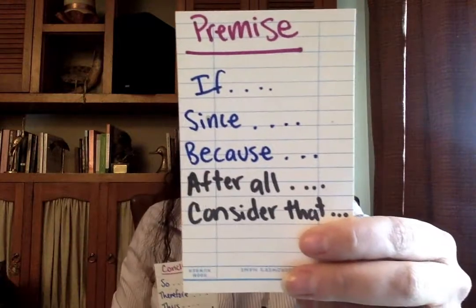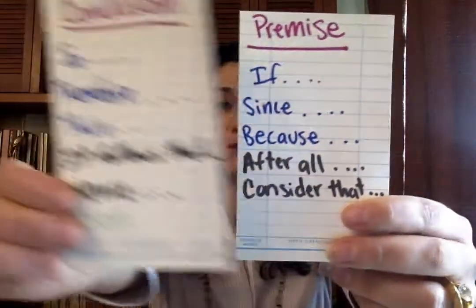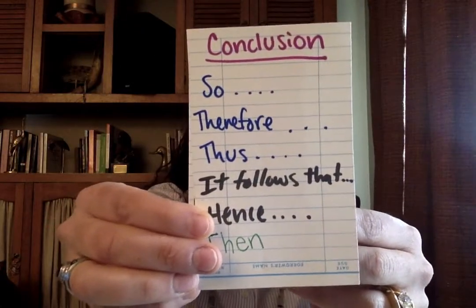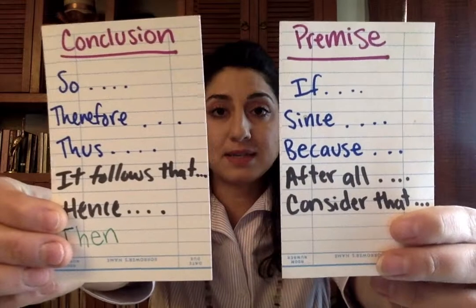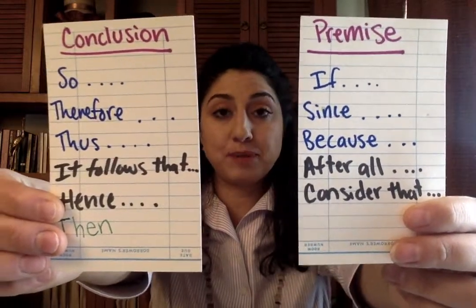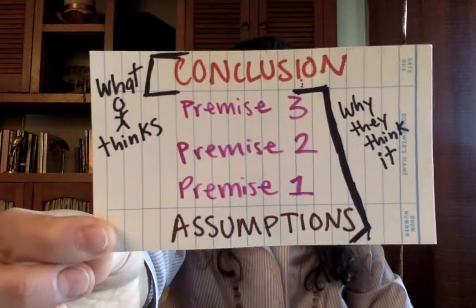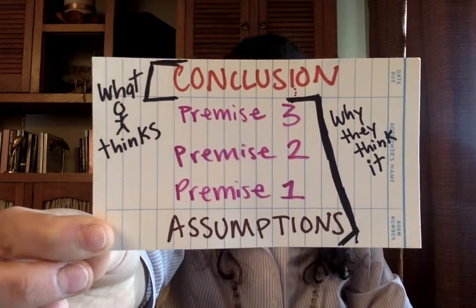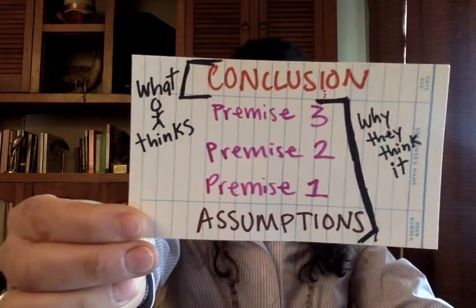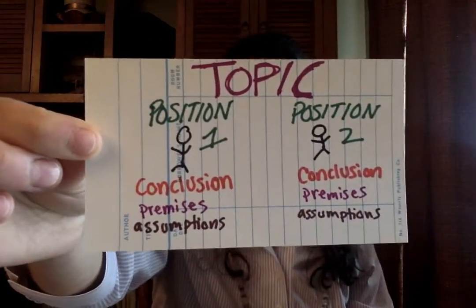What is someone thinking that leads them to believe what they ultimately believe? Premises and conclusions should be involved when you're coming up with the argument that makes up somebody's position. So you want to tell me what someone thinks and why they think it. That is what it takes to get a perfect score on your outline.